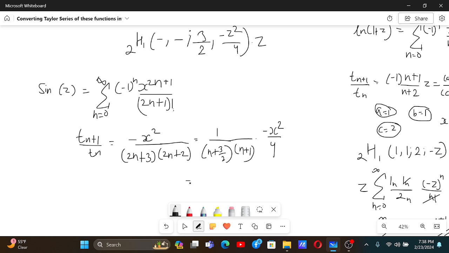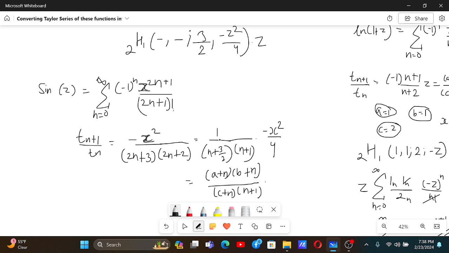We know that this should be equal to a plus n, b plus n by c plus n, n plus 1 times z. Again I wrote x over here, this was supposed to be z.